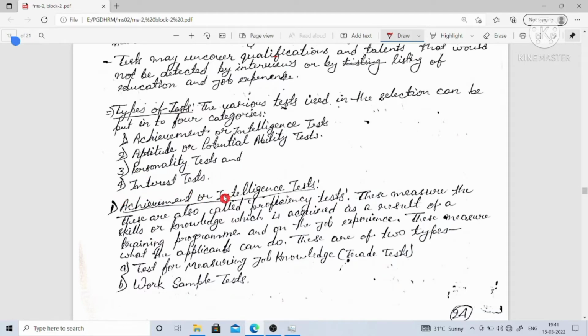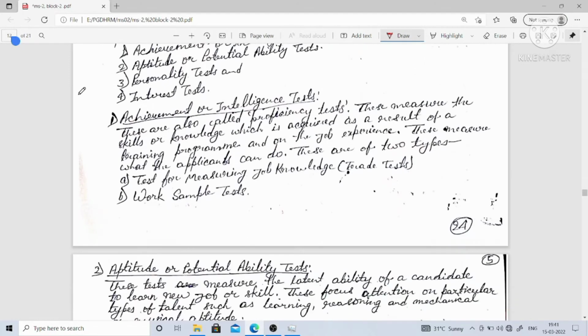These are also called proficiency tests. Achievement tests or intelligence tests are also called proficiency tests. These measure the skills or knowledge which is acquired as a result of training program and on-the-job experience.